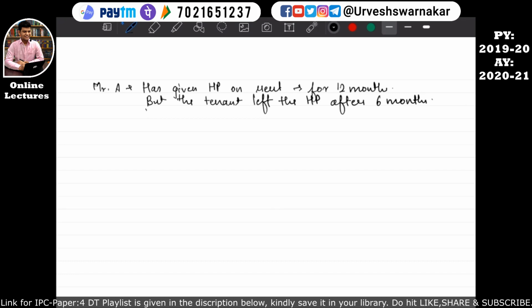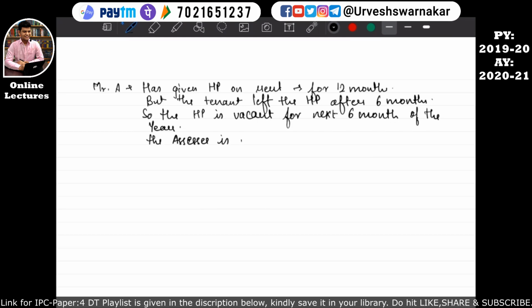So the house property is vacant for the next 6 months of the year. The assessee is not using such house property. I hope this is quite clear. So basically, the 12 months actual rent was rupees 12 lakhs per annum. That means for 6 months he is receiving the actual rent.